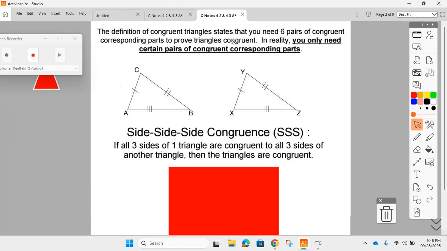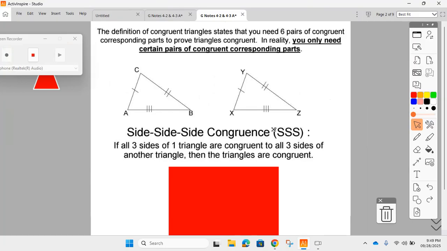Today, we are going to learn that while the definition of congruent triangles states that all 6 corresponding parts would be congruent to the other triangle, you really only need certain pairs of congruent corresponding parts. So in this case, you only need 3 to be able to prove that the 3 sides are congruent.